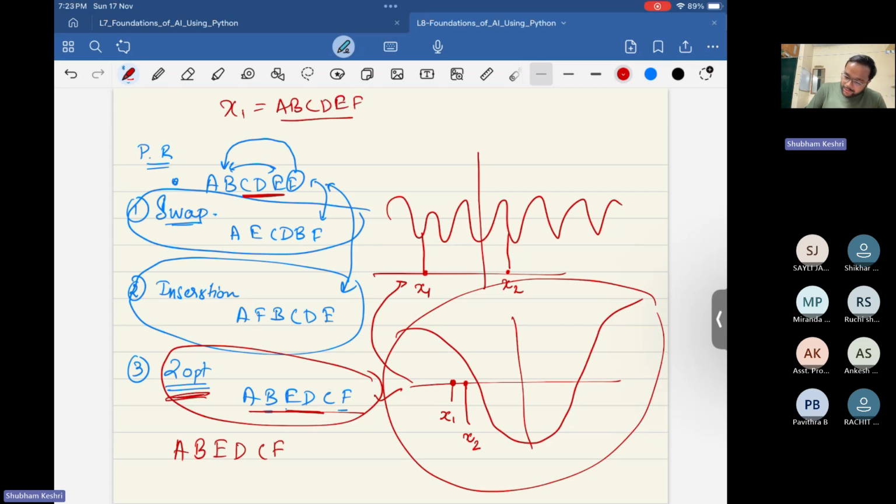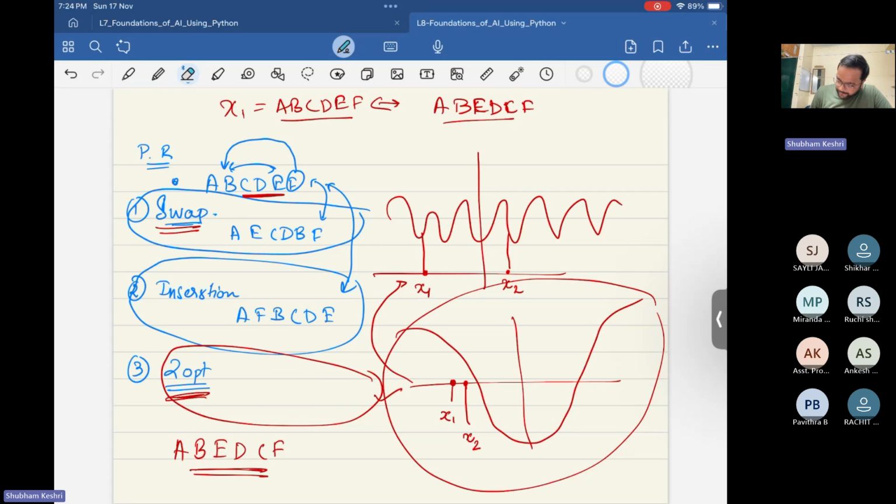From this solution to this solution, if you want to go using swap neighbor, how many swaps do you have to do? Make it a larger 2-opt, because this is very close to each other. If you swap C and E, you get A, B, E, D, C, F. So one swap will give you this 2-opt, but suppose the length of the tour was large.